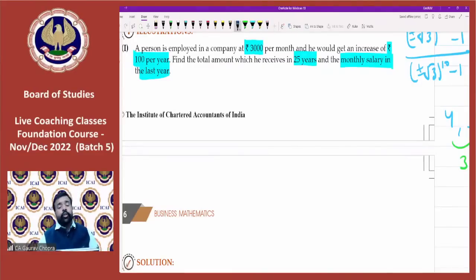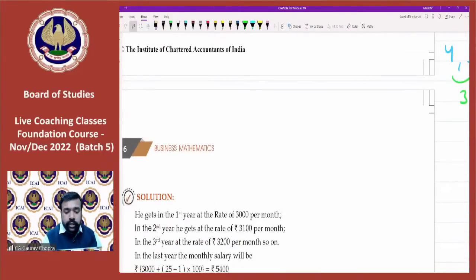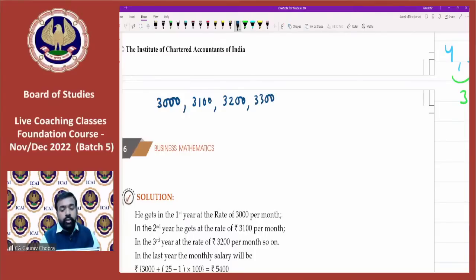So here, first of all, we have to form the series. So what is the first figure? The first figure is 3,000. After that, in second year, the salary is getting increased by 100. In third year, it will become 3,200, then 3,300, and so on. The salary is increasing by rupees 100. So is the series a geometric progression? No. There is no common ratio, but the difference is common as the values are getting increased by 100.